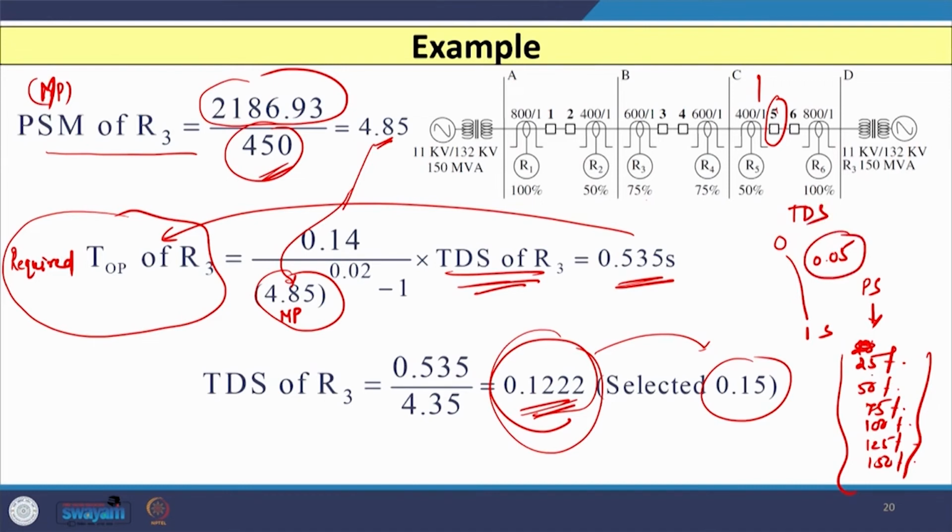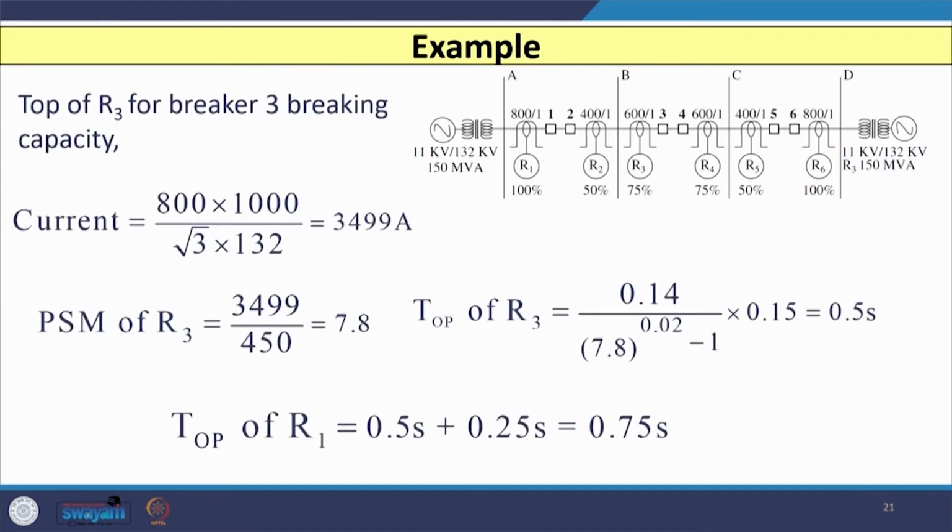So, if the value comes in between in plug setting or time dial setting, then you have to go for a higher value. In case of a digital relay, these limitations are not there; you can select whatever value. If you want 0.12, you are free to select that value. So, this is the main advantage of digital relays compared to the previous generation relays.